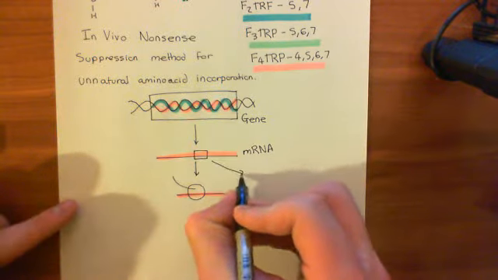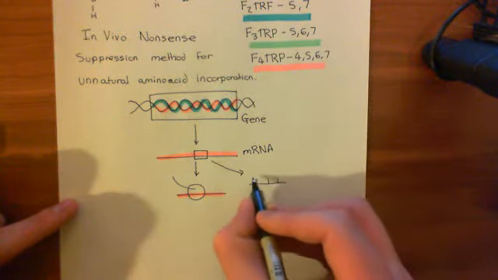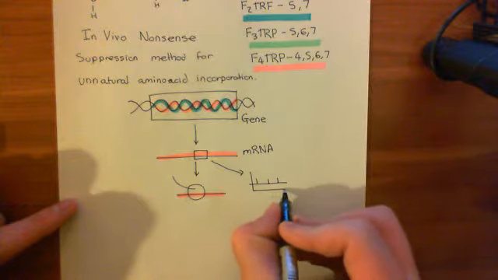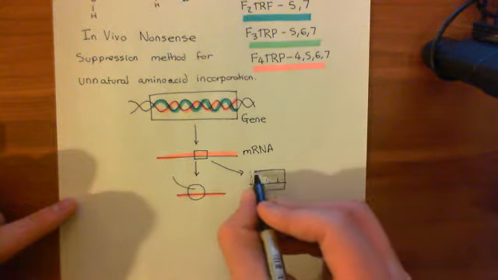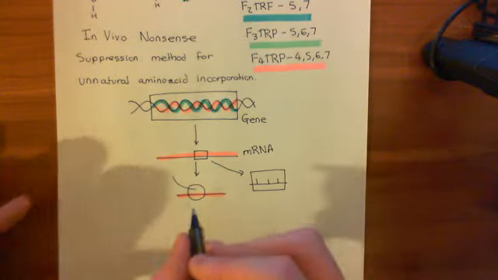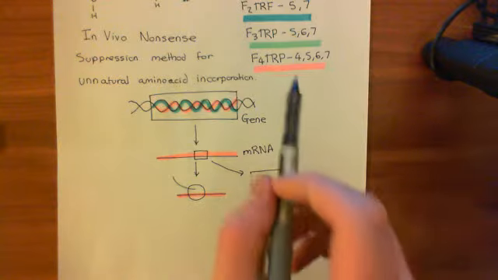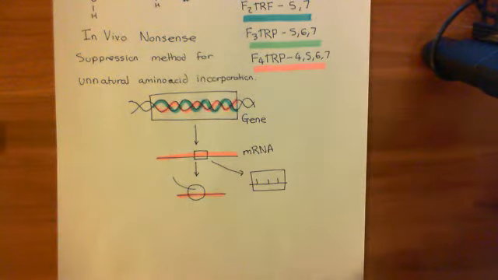So let's make this bigger. There will have been 3 organic bases, 1, 2, 3, which were read by the ribosome and interpreted as meaning we should put a tryptophan in at this specific position. And this is the tryptophan we want to alter and replace with our modified tryptophan.